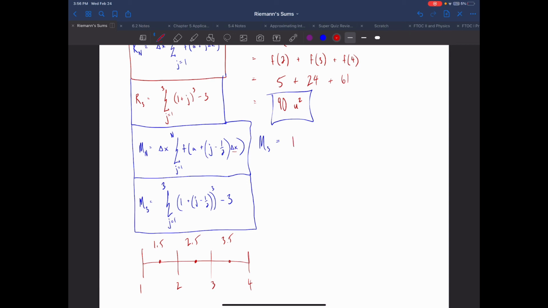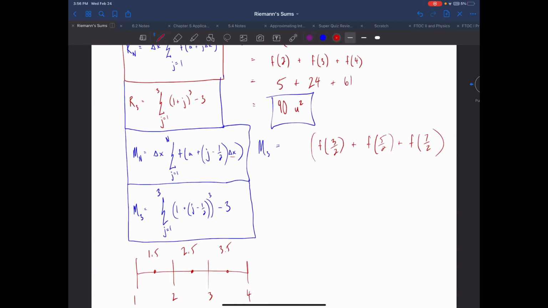So this would be 1, because that's the width of the rectangle, times f of 3 halves plus f of 5 halves plus f of 7 halves. And then we're just going to calculate each of those.